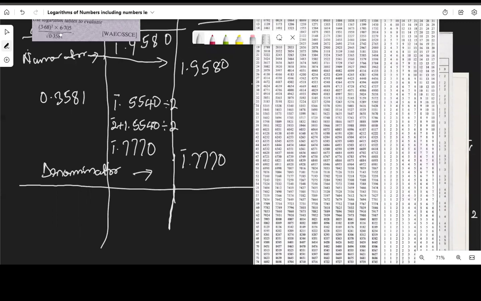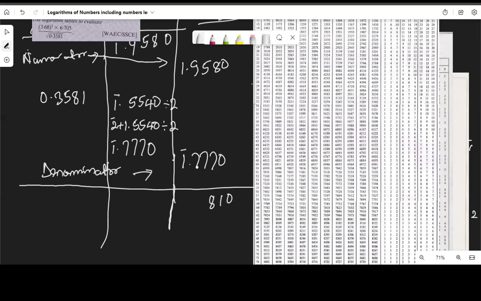remember when we are dividing numbers, we subtract their logarithm. So we're going to subtract the logarithm of the denominator from that of the numerator. Now 0 minus 0 is 0. 8 minus 7 is 1. 5 minus 7, that is not possible, so I have to borrow 1, which makes it 15. 15 minus 7 is 8.